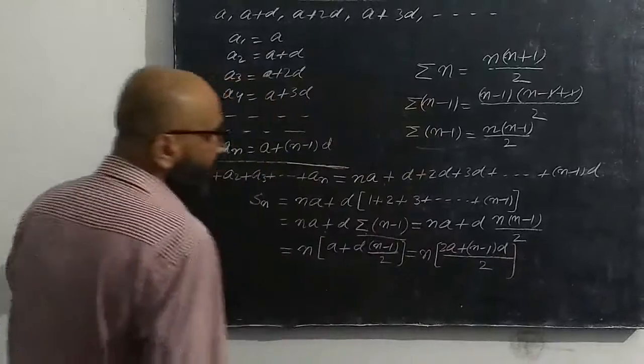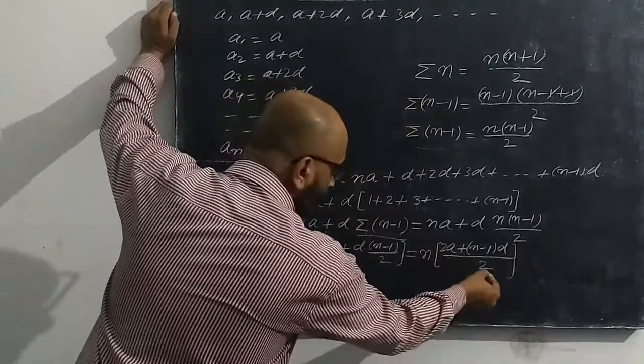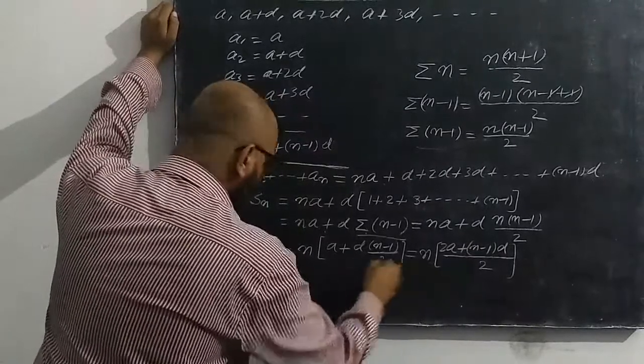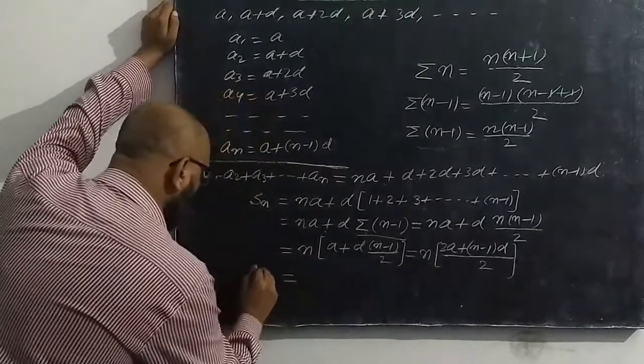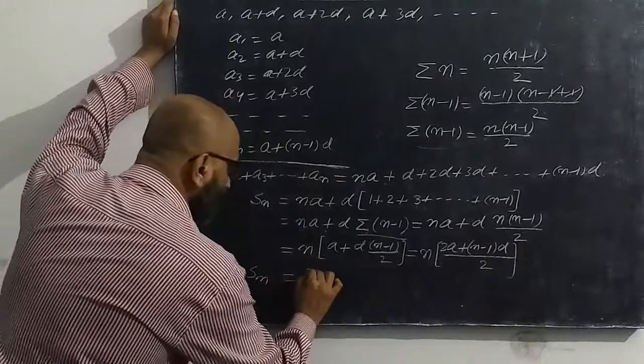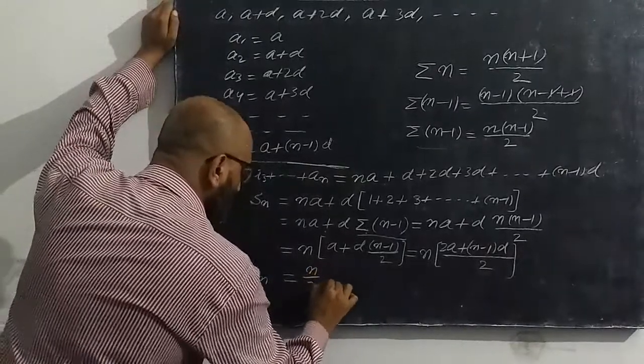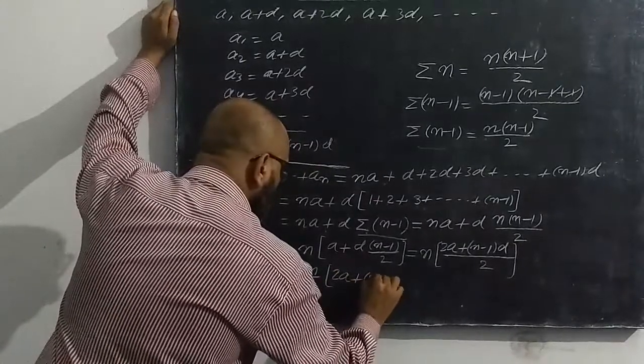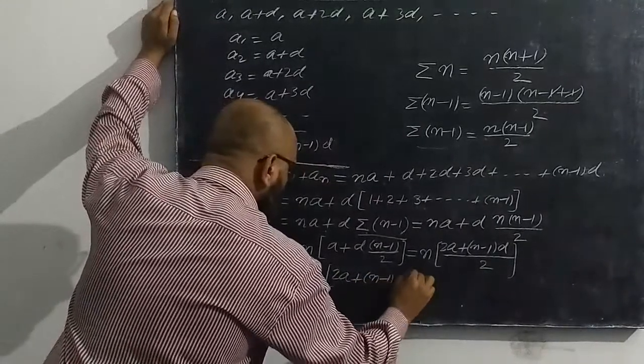Anyway, you may write it. And now because this is a common denominator, this may also be written outside under this n. So Sn is written as n upon 2 within bracket 2a plus n minus 1 into d.